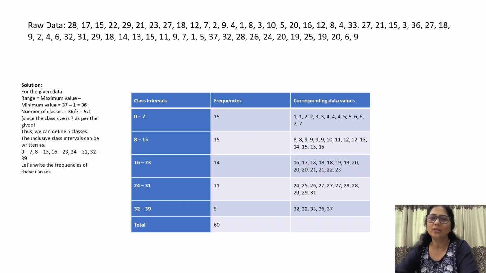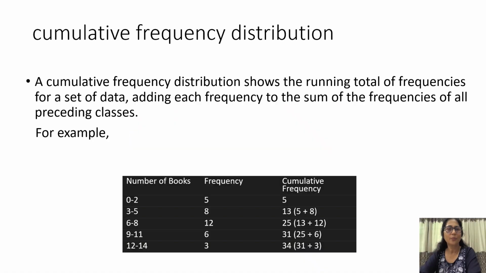Likewise, in the next class, 8 to 15, values are there. In 16 to 23, there are 14 values. 16 to 23 values are again put in this class. So such a series is called an inclusive continuous frequency distribution table.